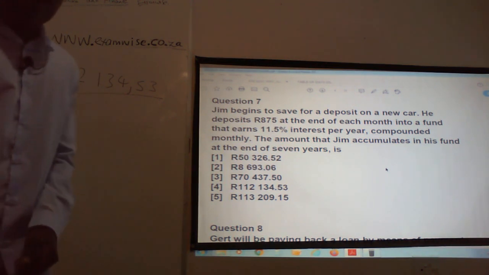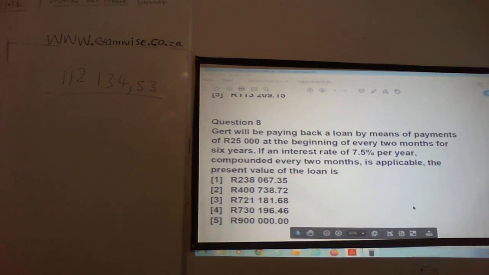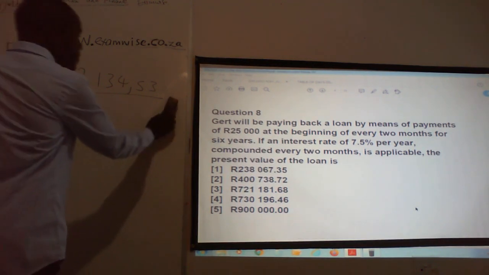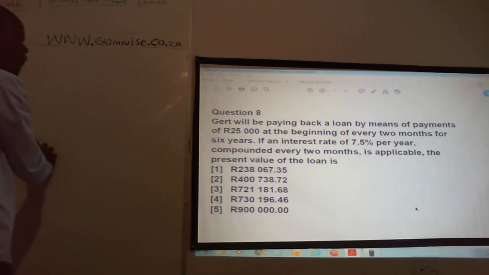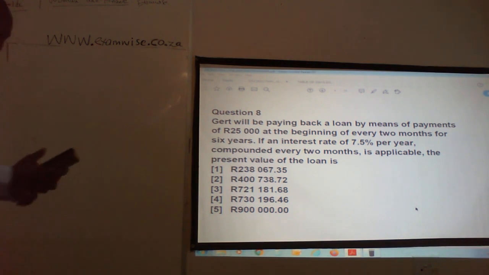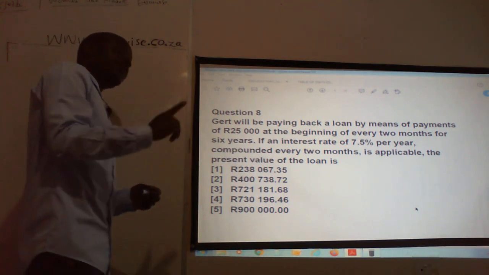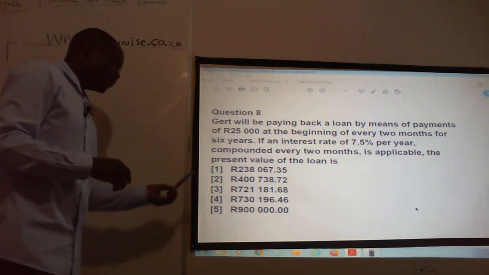So let's go to question number 8. Question number 8 says Jetty will be paying back a loan by means of payments of 25,000 at the beginning of every 2 months for 6 years.